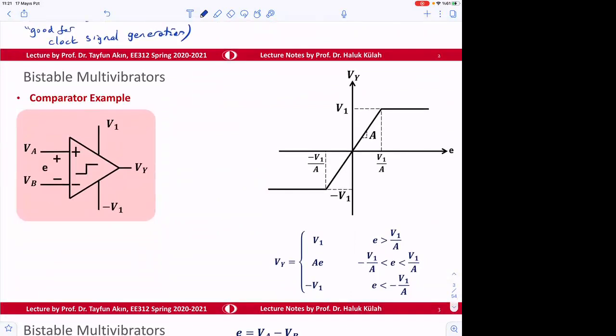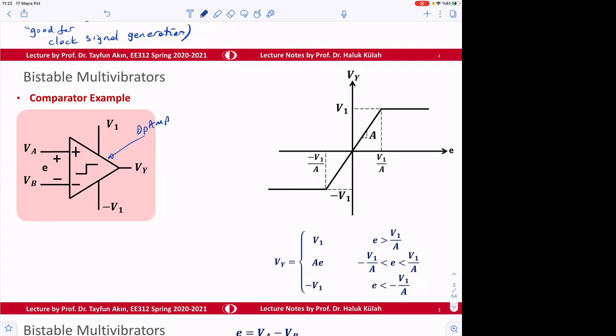So now the basic block of the circuit that we will be using to generate all these 3 multivibrators is this comparator. Okay, the comparator is typically an op-amp. So this is an op-amp. I guess you learned about op-amps in the past.